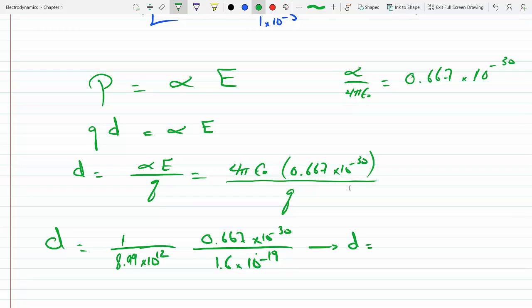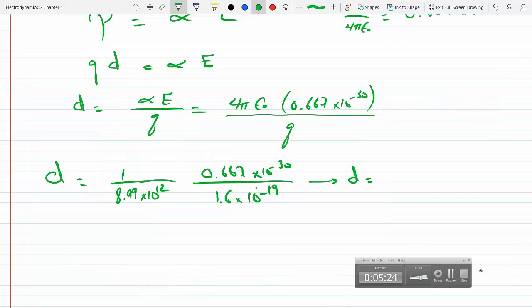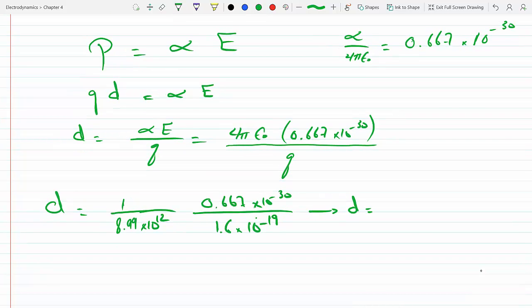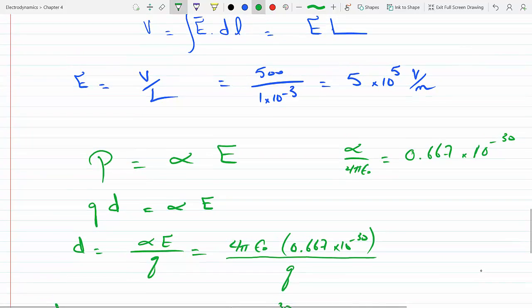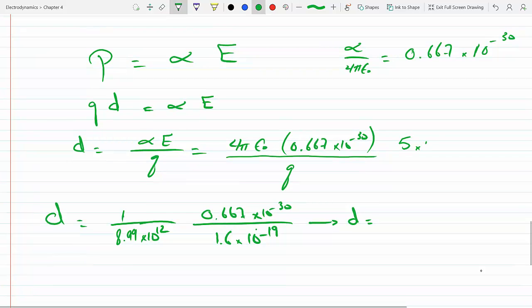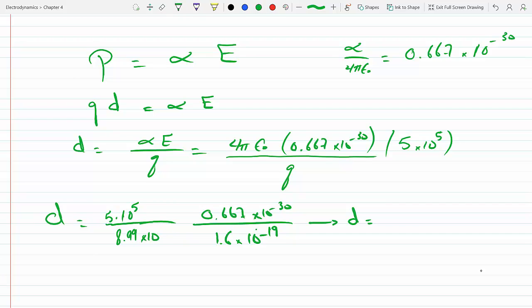So D turns out to be, okay, I forgot to put in the E here. The E was 5 times 10 to the 5. And this is 9, not 12. Plugging this in, I get 2.32 times 10 to the minus 16 meters.